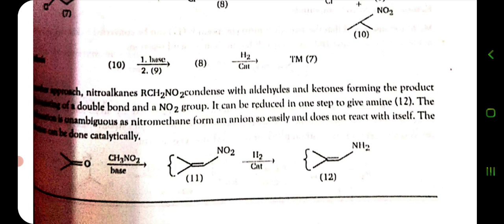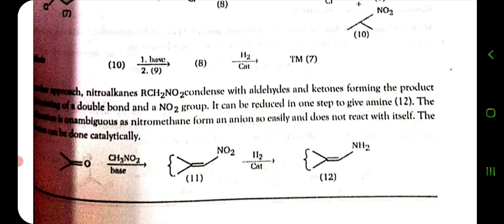In another approach, nitroalkanes condense with aldehydes and ketones, forming a product consisting of a double bond and a nitro group. It can be reduced in one step to give the amine, and the condensation is unambiguous as nitromethane forms an anion so easily and does not react with itself, and the reduction can be done catalytically. This is shown in this reaction.